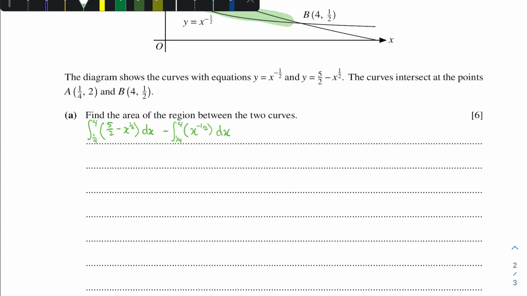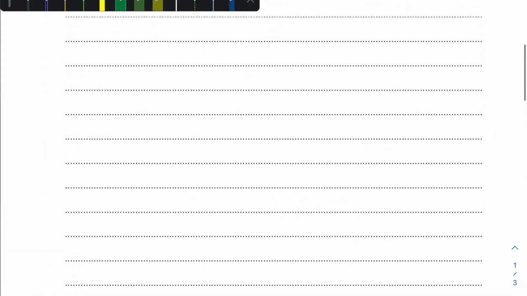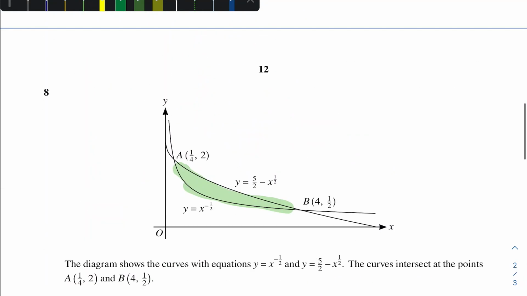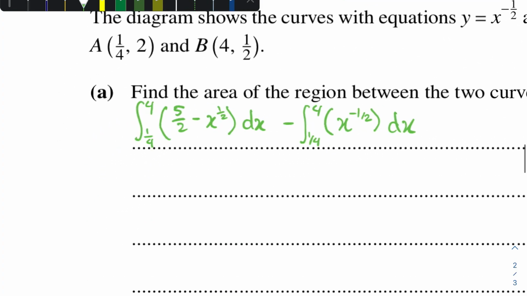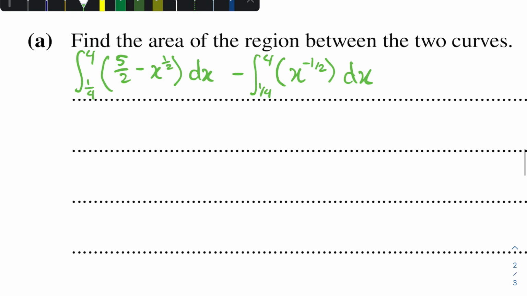So how to do this? We can simply try to find the integration of each of these terms. Like I said before, we'll do it the same way as in the earlier question. So I'm gonna go ahead and do the first one here. It's gonna be 5 over 2, the integral is just 5 over 2x. All right.